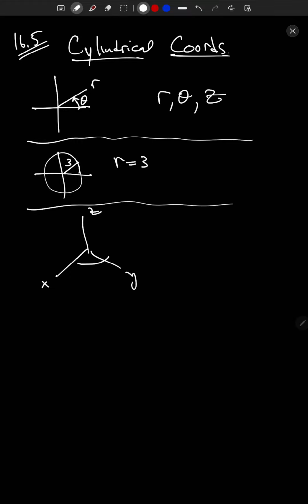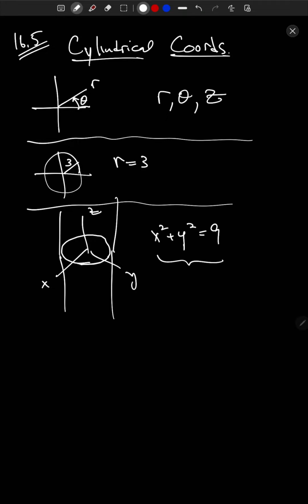So if this is a circle of radius 3 here, and I pull it out as a cylinder, in other words, x squared plus y squared equals 9 in space, then this is super easy to describe in cylindrical coordinates. x squared plus y squared converts to r squared, so r squared is equal to 9, and so r is equal to 3.